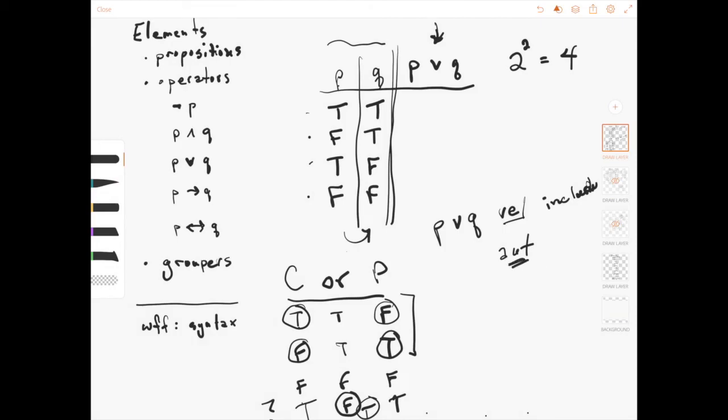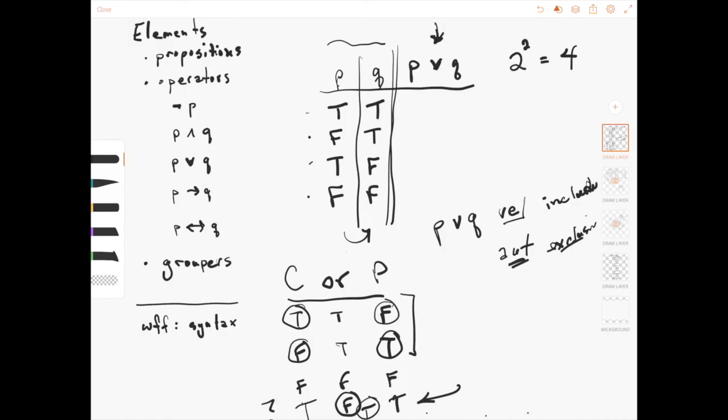This word aut in Latin, or that English word or with inflection, we call that the exclusive or, because it excludes the possibility of having both. So with this in mind, we can construct a truth table for this type of or that we're going to use, which is the inclusive kind.